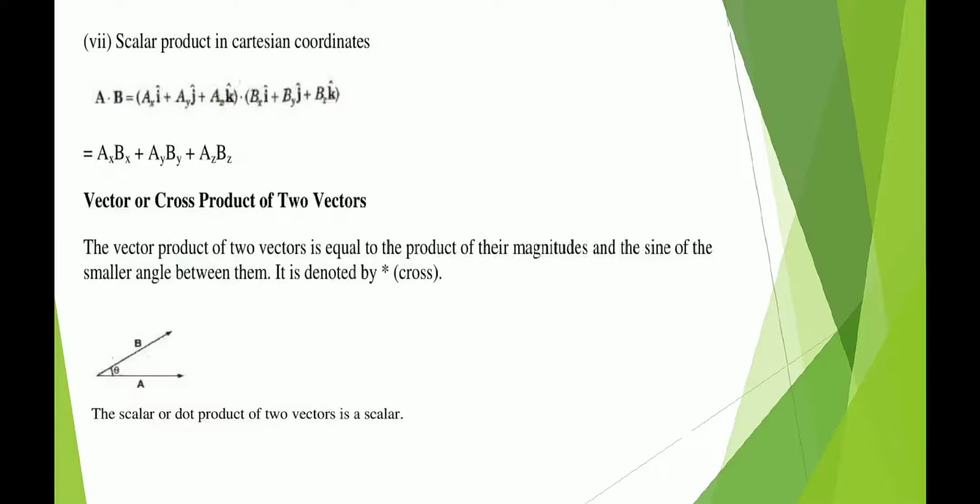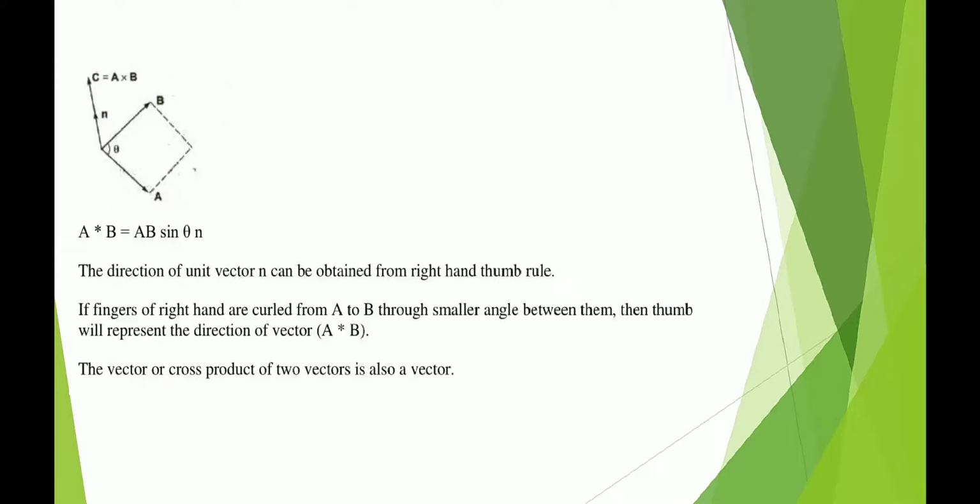The vector product of two vectors is equal to the product of their magnitudes and the sine of the smaller angle between them. It is denoted by a cross. Example for cross product: A cross B is equal to AB sine theta into n.